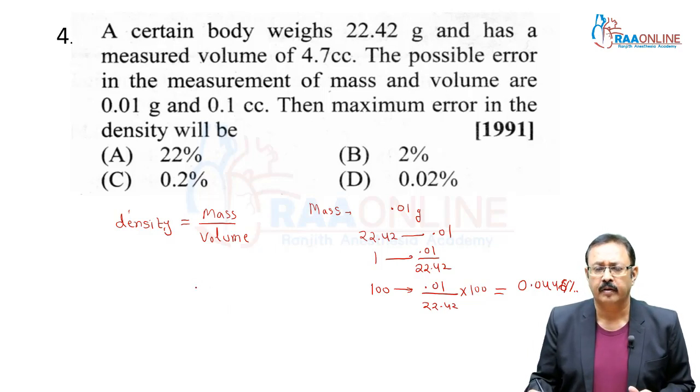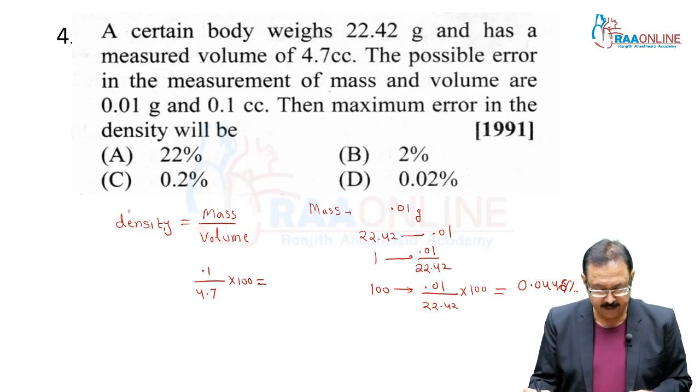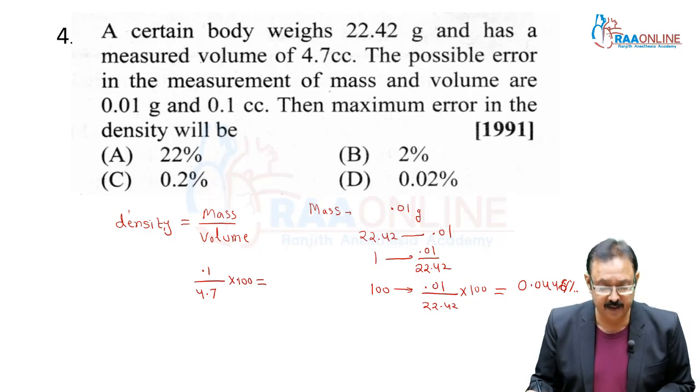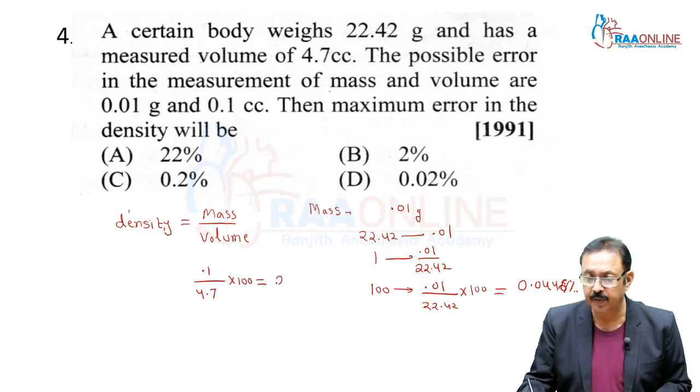What is error? 0.1 cc. Original was 4.7 into 100. So what error it is? This error is 0.1 into 100 means 10 divided by 4.7. It is 2.12. 2.12%.